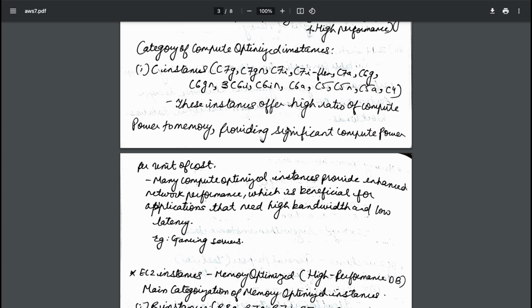C type instances include C7g, C7gn, C7i, C7i-flex, C7a, C6g, C6gn, C6i, C6in, C6a, C5, C5n, C5a, and C4. Basically, these instances offer a high ratio of compute power to memory, which provides significant compute power, right?